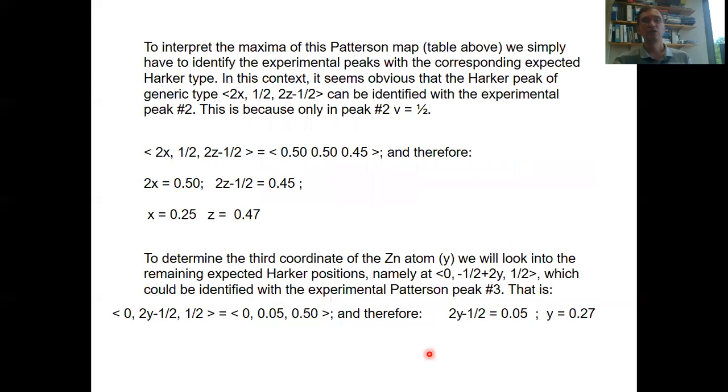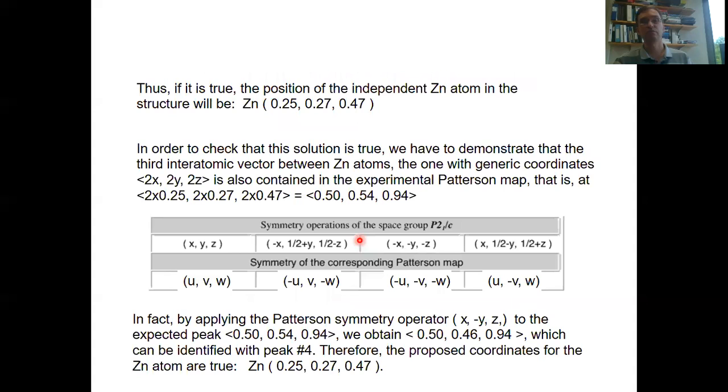All right. So now we have further verified that that position here, 0.25, 0.27, and 0.47 is the correct position of the zinc atom.